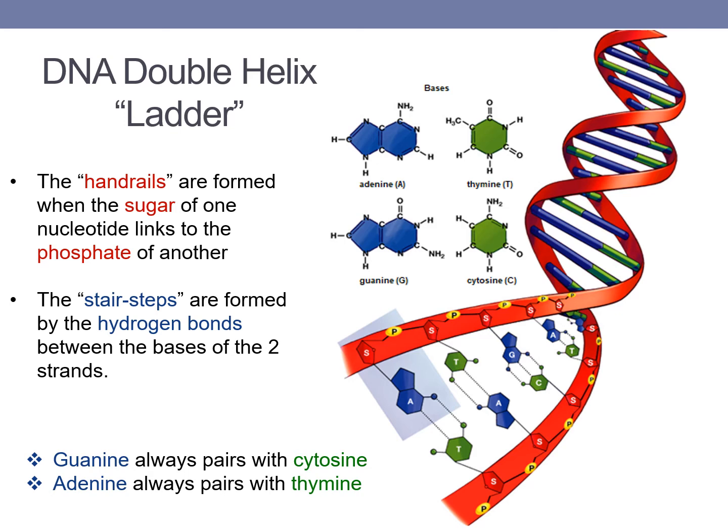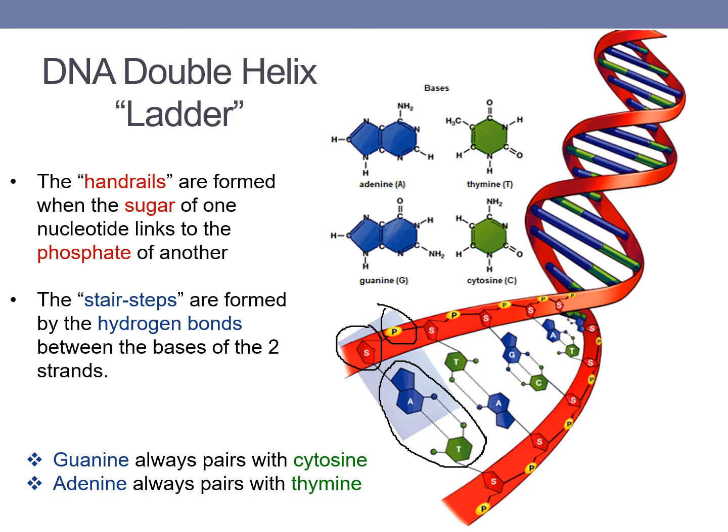Also to remind you that the DNA double helix, the structure of the DNA, can be referred to as a ladder, with the handrails being the sugars and the phosphate groups joined together along these ribbon-like structures. And then the stair steps of the ladder are the bases that are joined together by hydrogen bonds.